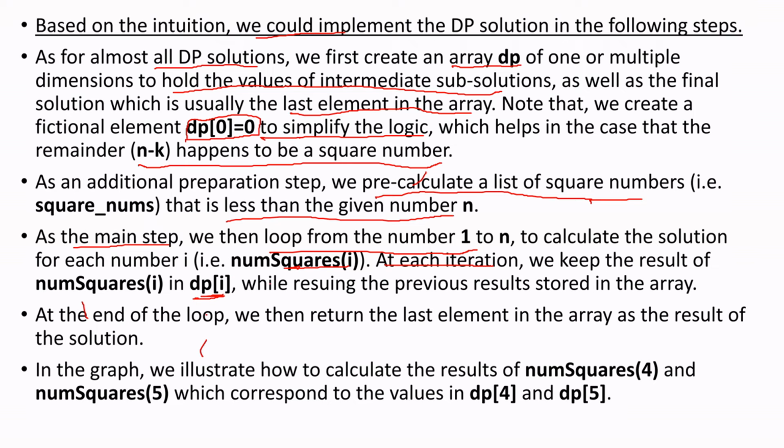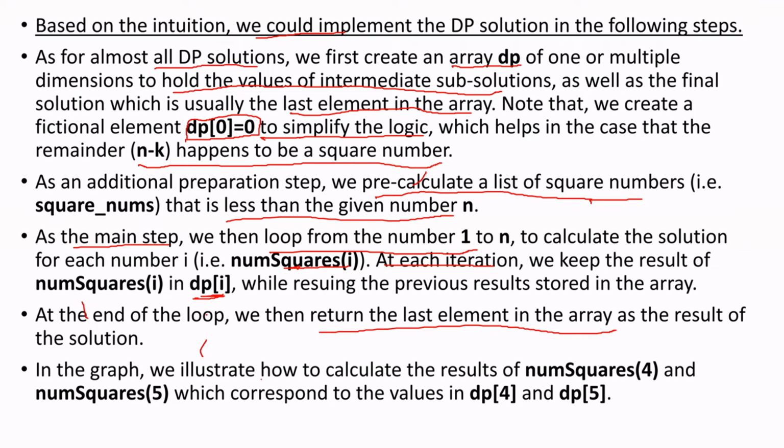We will store each value while reusing the previous result stored in the array. At the end of the loop, then we return the last element in the array as the result of the solution, correct?